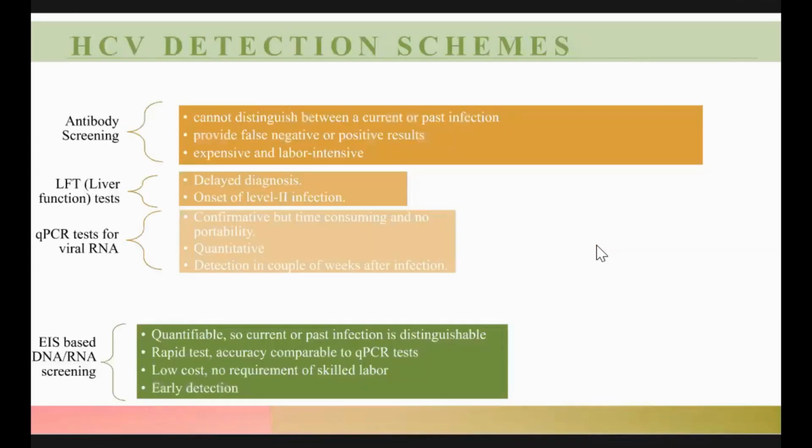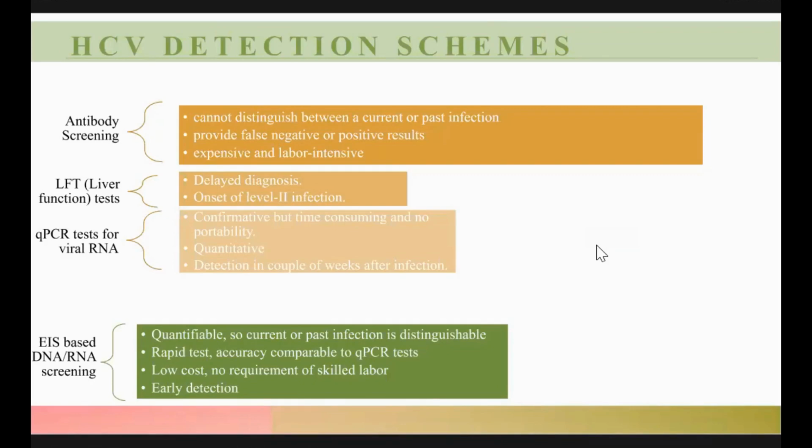So just having a short look at the current detection schemes which are available, we have the antibody screening technique, which is basically based on antigen antibody chemistry. But the issue is that although that offers quite quick results, it can offer a very large number of false positive and false negative results.